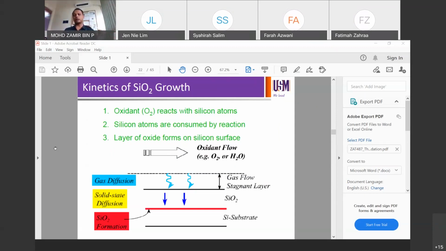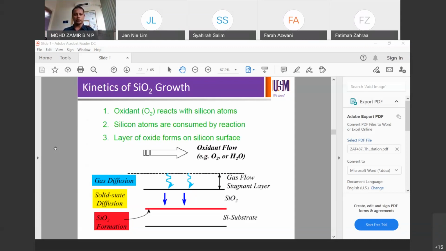The kinetics of the silicon dioxide growth explains what's actually happening before you have the 10 nanometer oxide. What does it take for you to have the 10 nanometers eventually? These are the intermediate steps to come to the 10 nanometers at the very end of the process. So basically, there are three steps happening during the process.